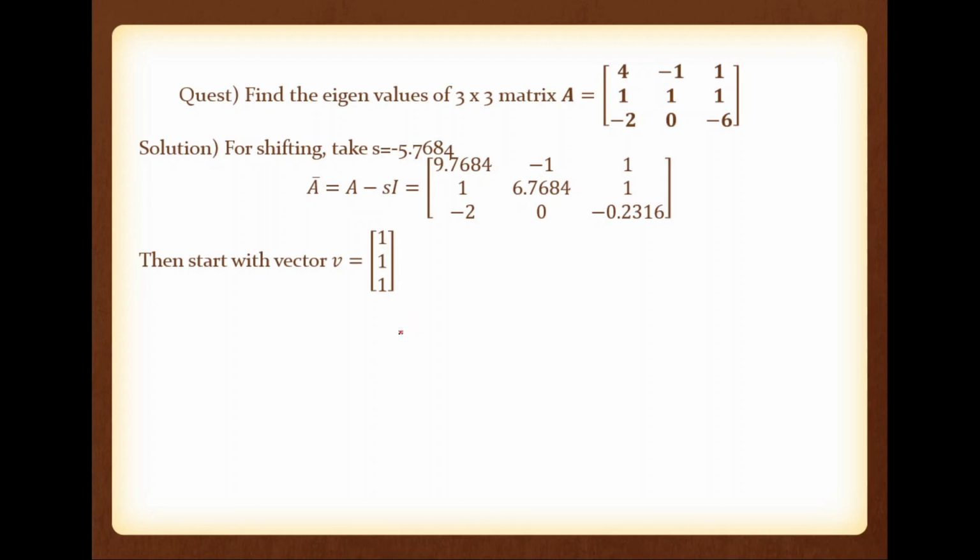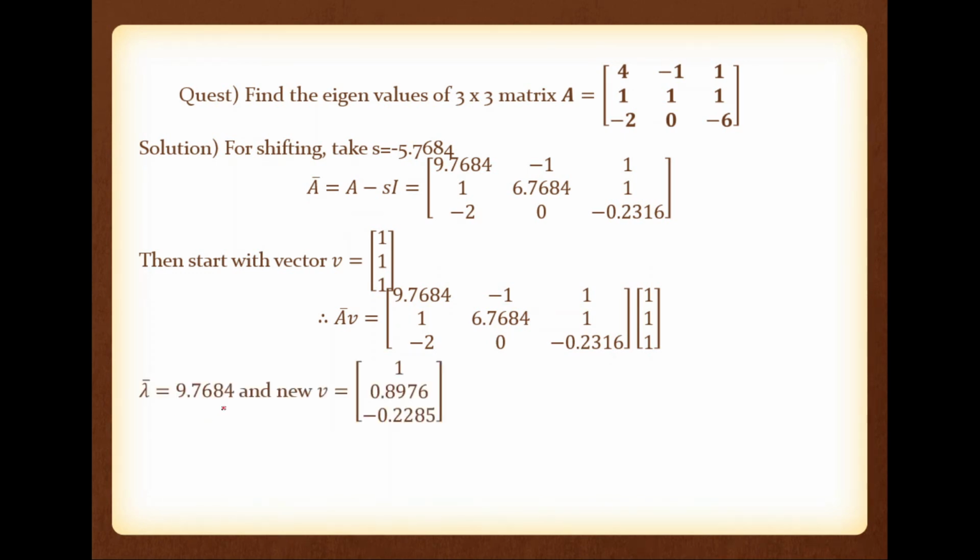It will give the largest value and the normalized new vector. So the largest value is 9.7684 and the new V is equal to 1.8976, minus 0.2285. Okay.